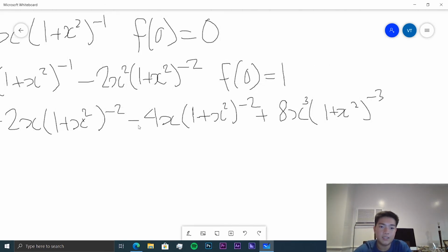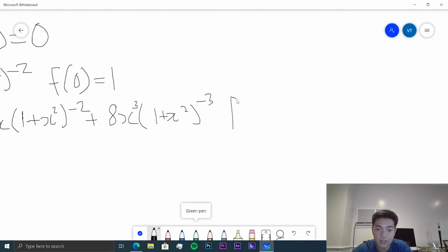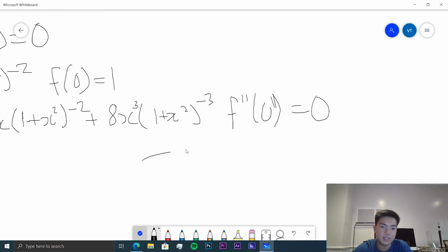So since all of these have a term in x, f double prime of 0 will be equal to 0 again.